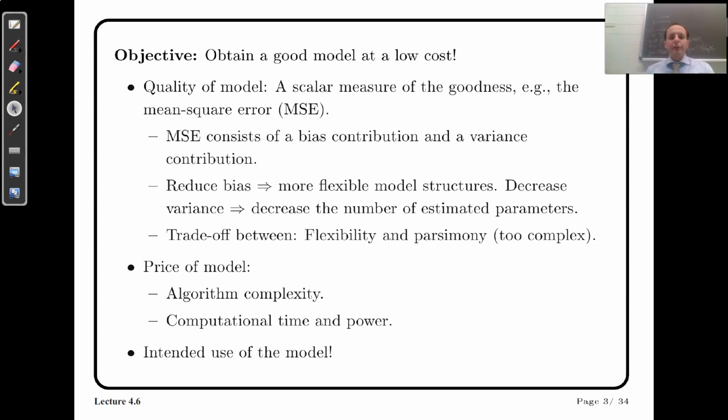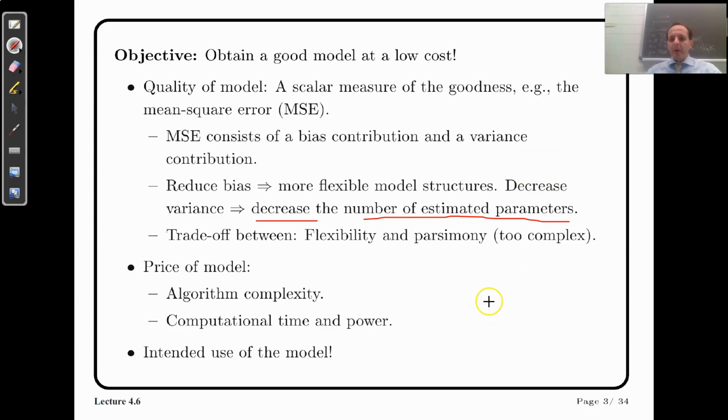In order to reduce the bias, we obtain a more flexible model structure, but this increases the variance. On the other hand, in order to decrease the variance, you need to decrease the number of the estimated parameters.